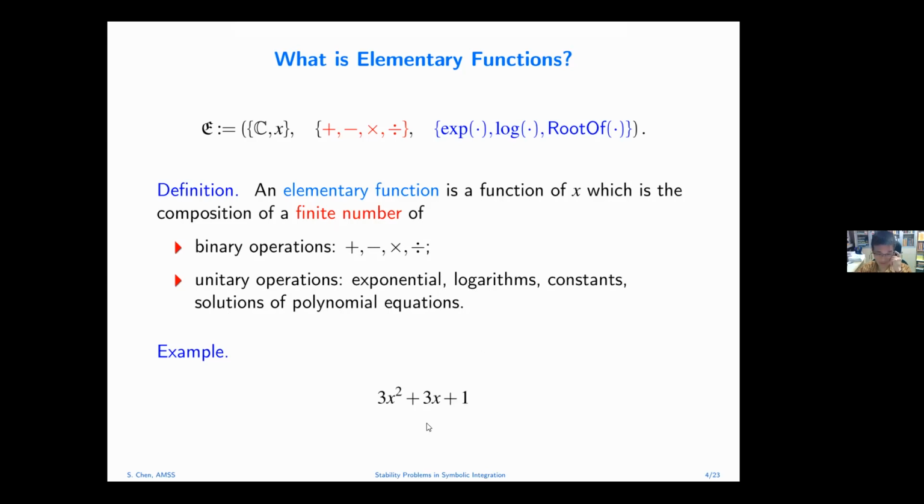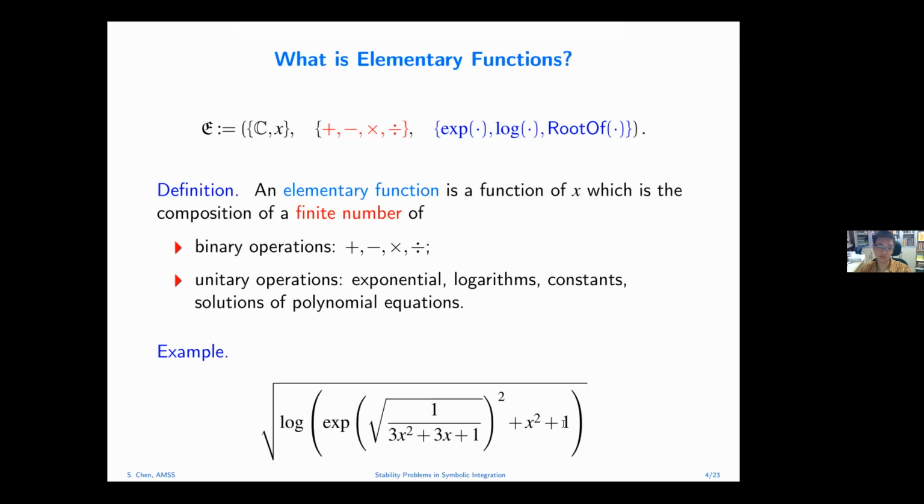For instance, you use the constants 3, 1, and the variable x. You can build this polynomial using addition and multiplication, and then you can also take the quotient, that is division, and then you can also solve polynomial equations. You get the roots of these, and also you take the exponential, so you can iterate this process to get more and more complicated, or more and more general, elementary functions.